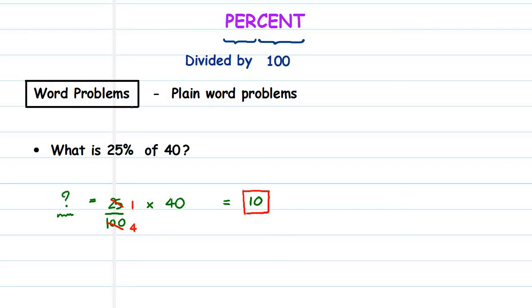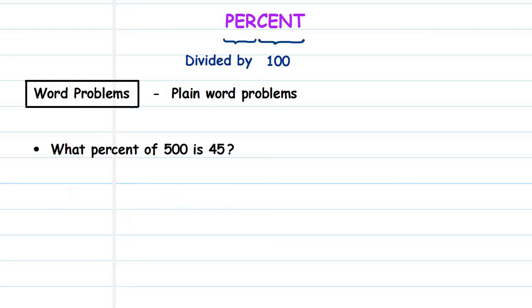Let's try the next one. What percent of 500 is 45? Let's try using the same approach for this one. What means question mark. Percent means divided by 100. Of means multiply. 500 means 500. Is means equal. 45 means 45.